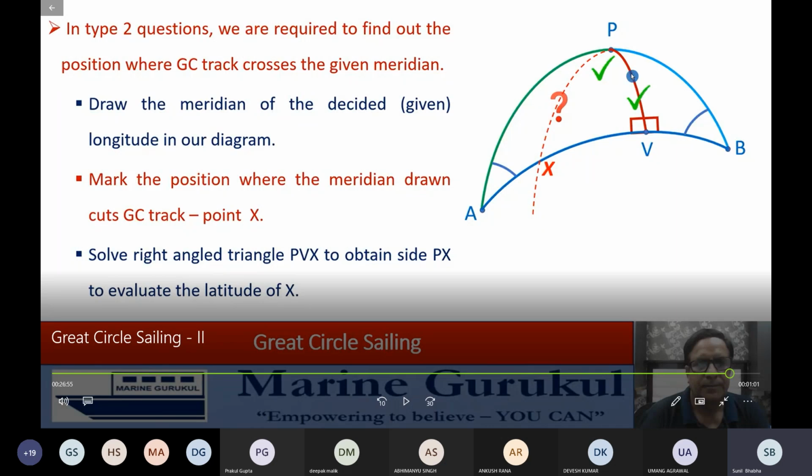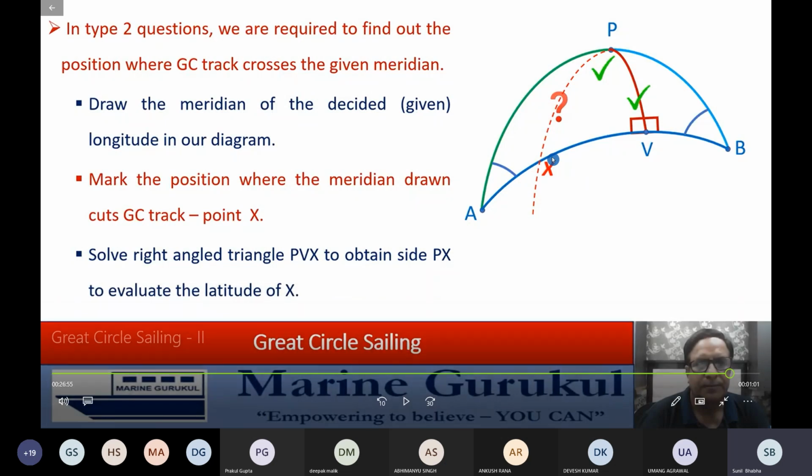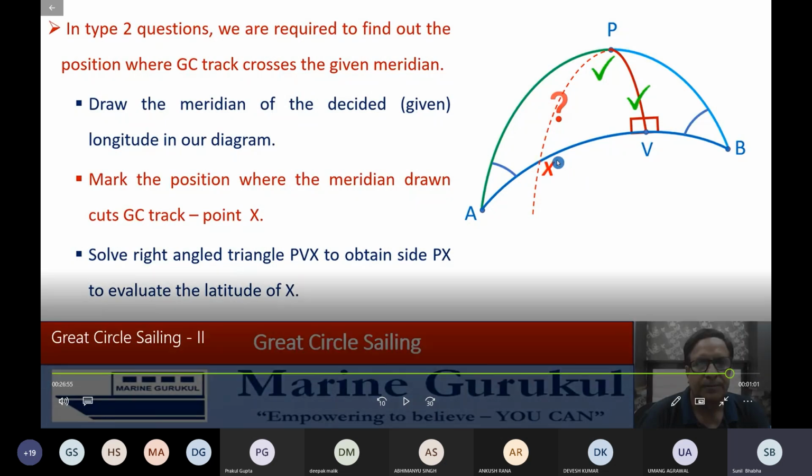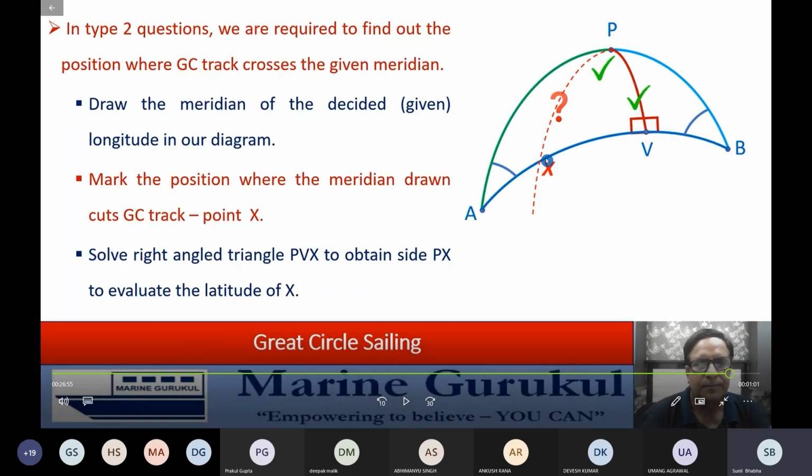So from 50 degrees we went 35 degrees west and came to 15 degrees. So the longitude of X would be 15 degrees. Okay beta, all right?